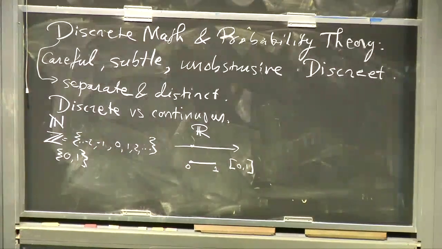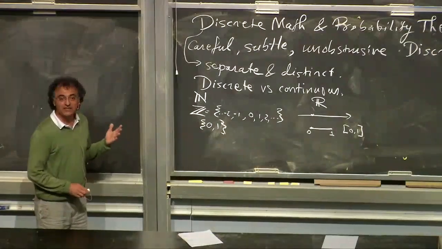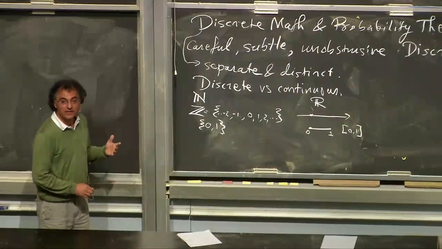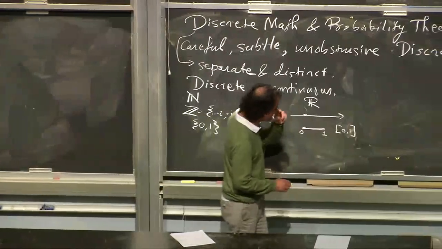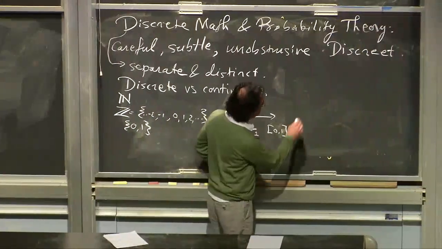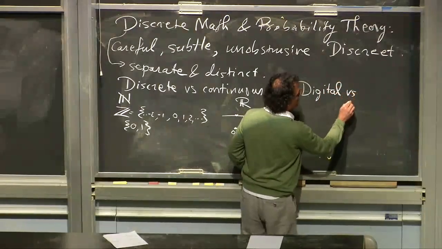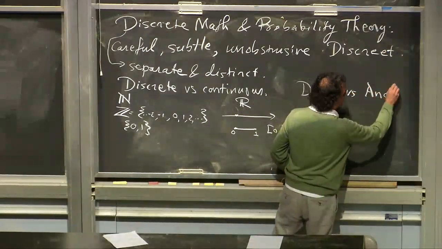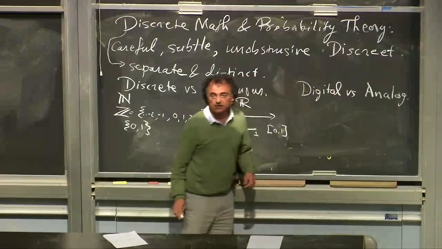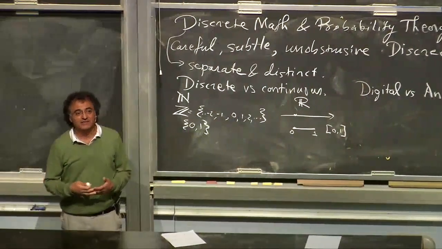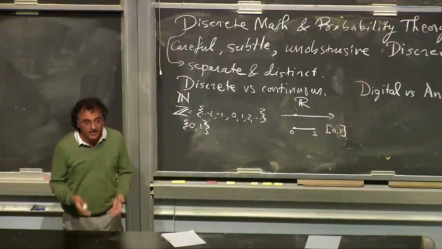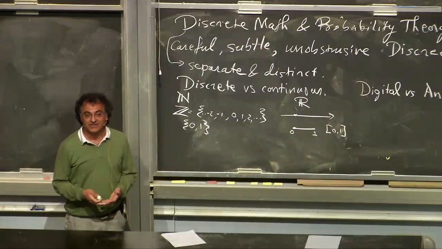Okay? Now, why are we studying discrete mathematics here? Well, here's a reason. It has to do with digital versus analog. Okay? So discrete math is the mathematics behind digital computers.